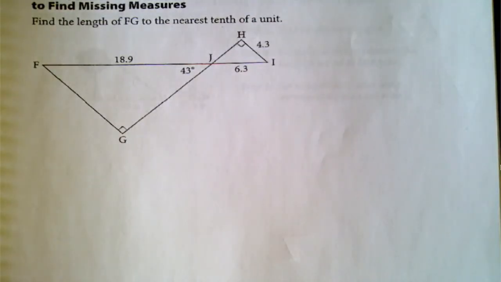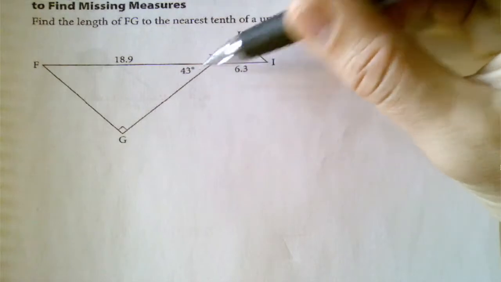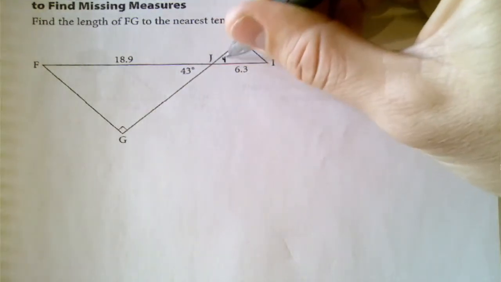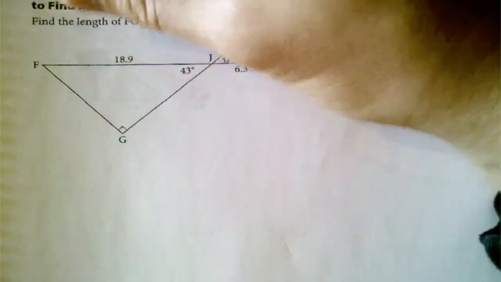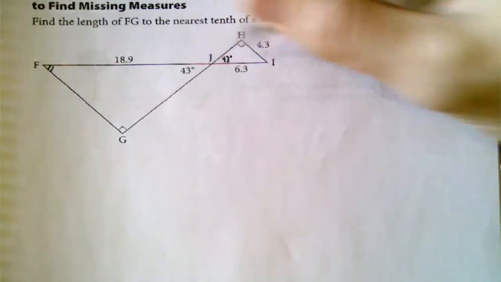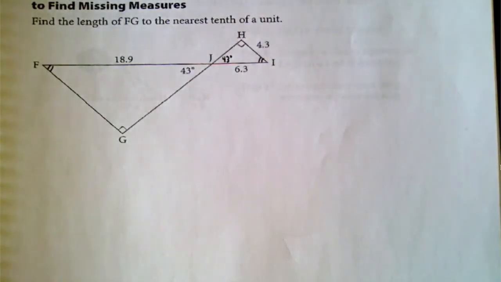Well, we need to check this out first because we're not necessarily sure. We have a pair of opposite angles, so those are in fact 43. So that's good. We got a pair of right angles. Awesome.